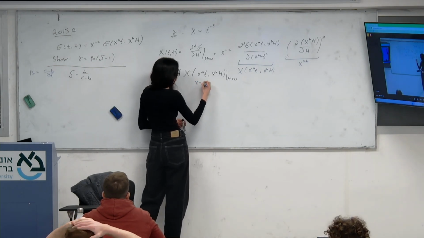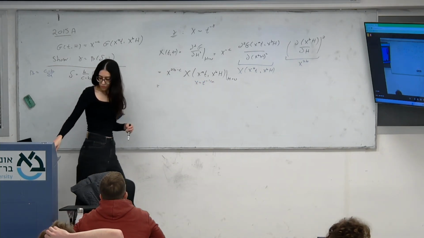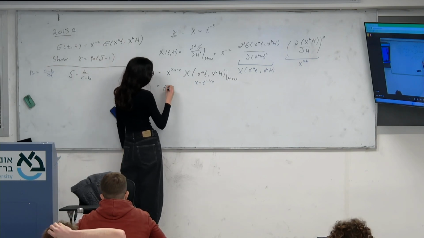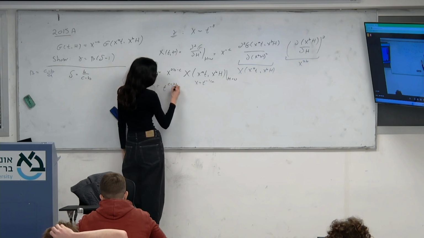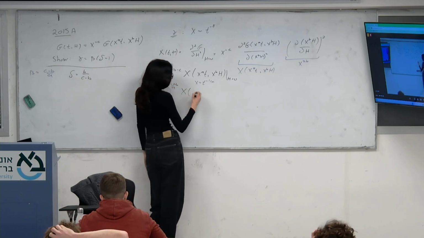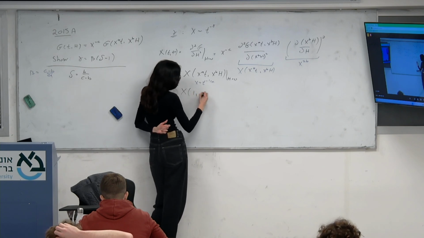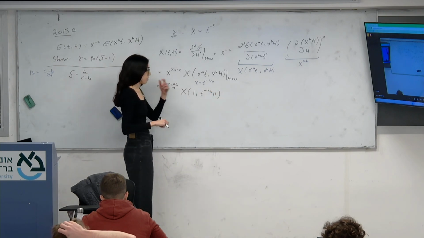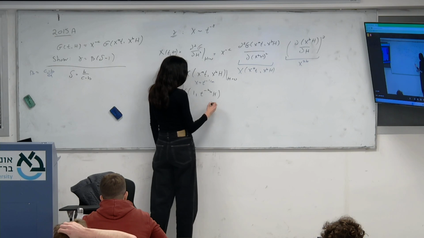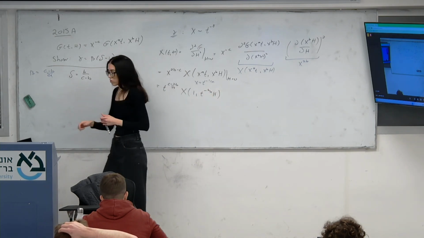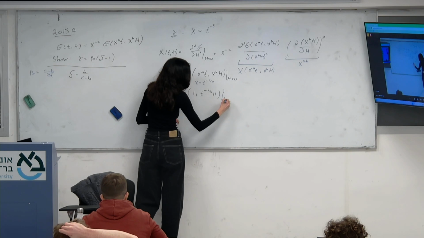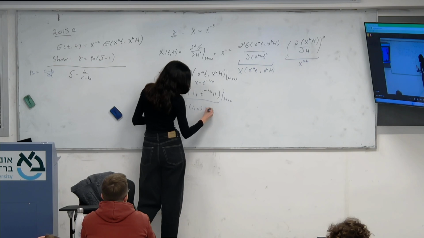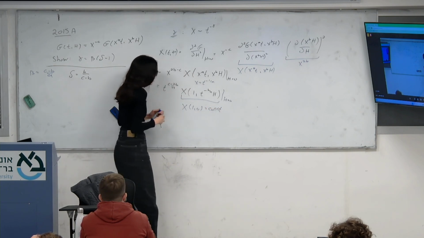So x equal to t to the 1 over a. So this is equal to t to the (c minus 2b) over a, and the other term is 0, so this cancels out.